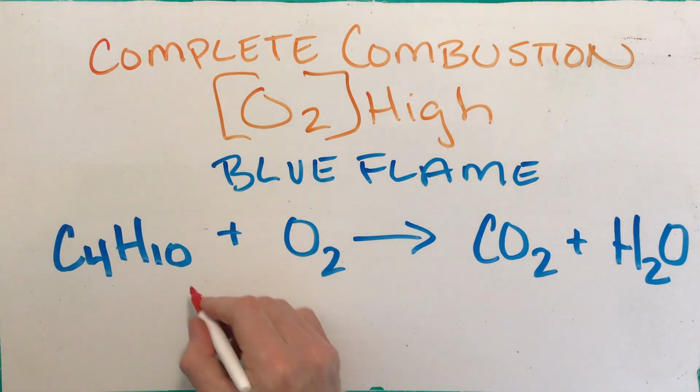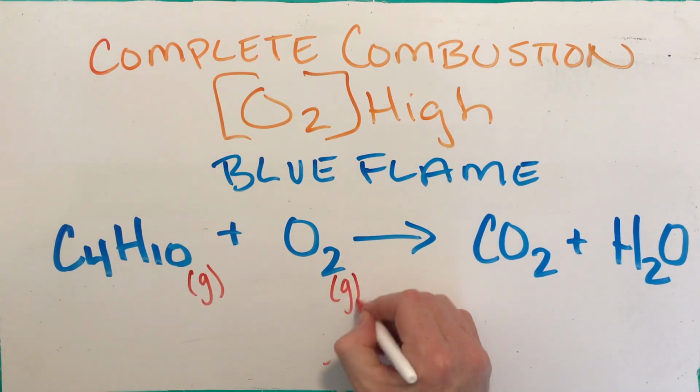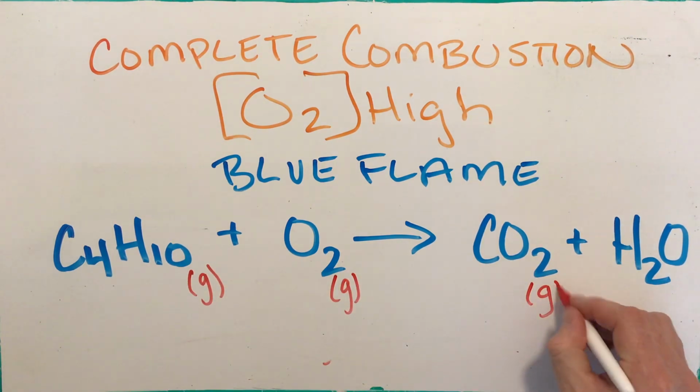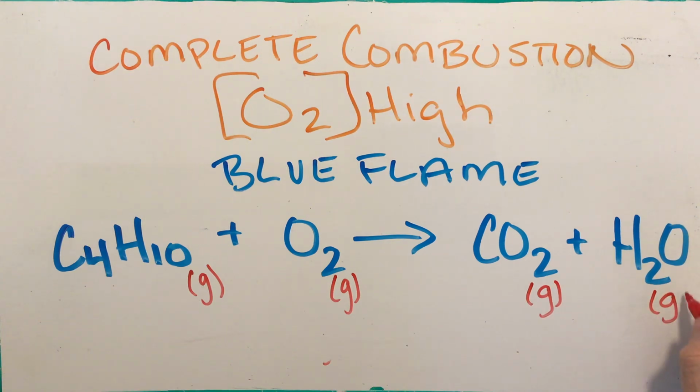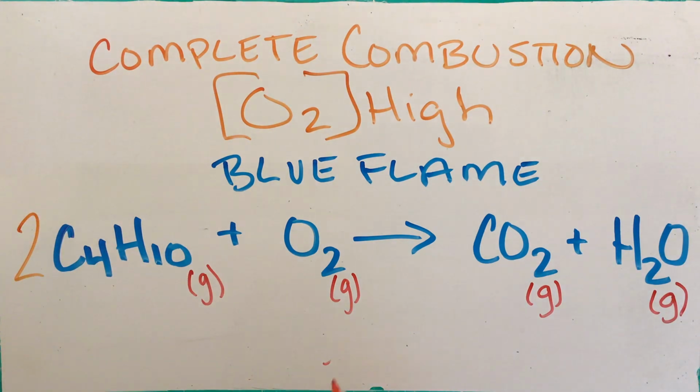Now C4H10 is butane. We'll put our states in. Again, all gases. And so to balance this one off, the numbers get a little bit more intricate. They're tricky, right? And so here we got to double this.